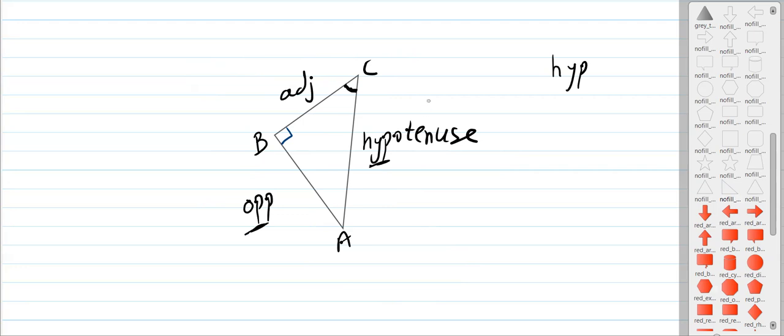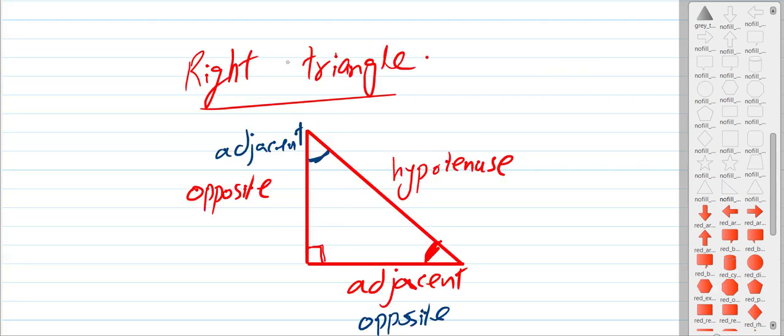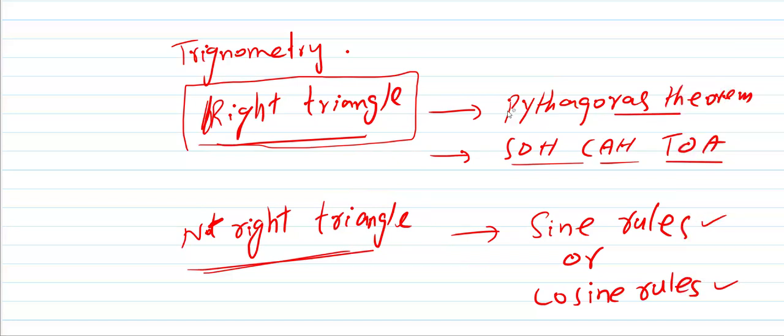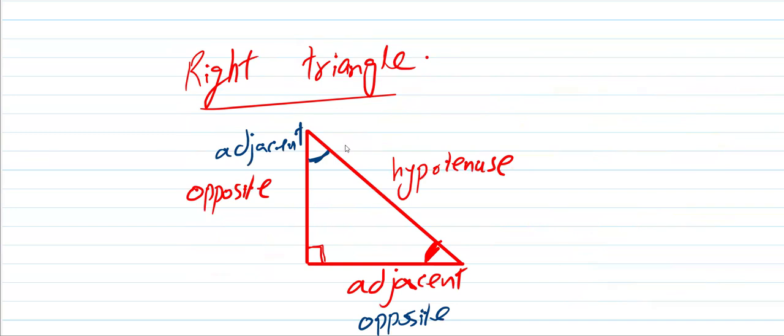This is very important. As I told you, the moment you hear right triangle, what should come to your mind? Pythagoras theorem or SOHCAHTOA. To know these two rules, you should be able to identify the sides of the right triangle.